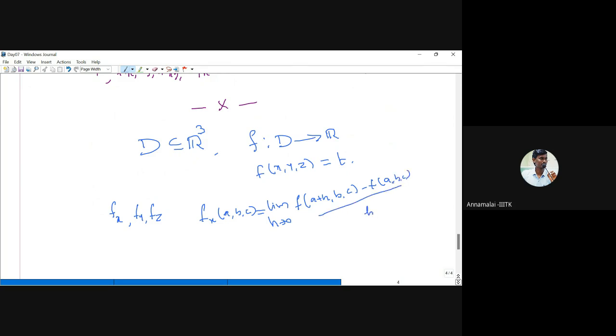If the limit exists, this is fx. For fy at the point a, b, c, you fix x and z as constants and differentiate: the limit as h goes to 0 of f of a, comma b plus h, comma c minus f of a, b, c, divided by h. If the limit exists, that is fy. Similarly, we can define all the derivatives: fx, fy, fxx, fxy, fxz, all possible derivatives.